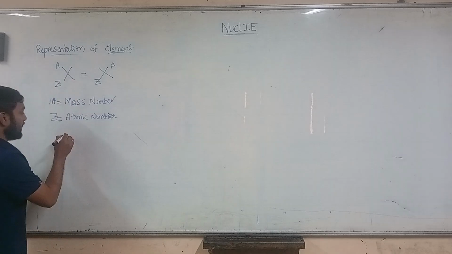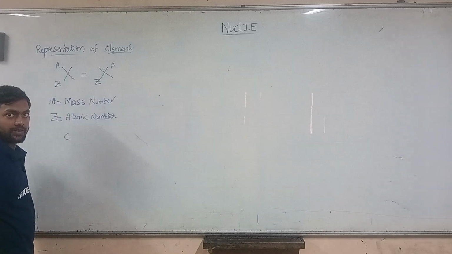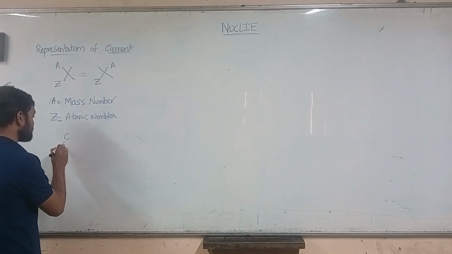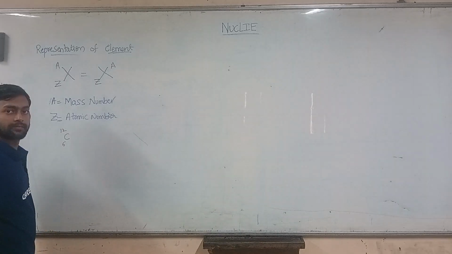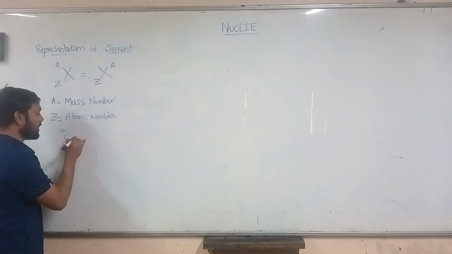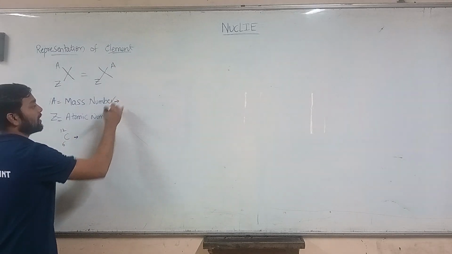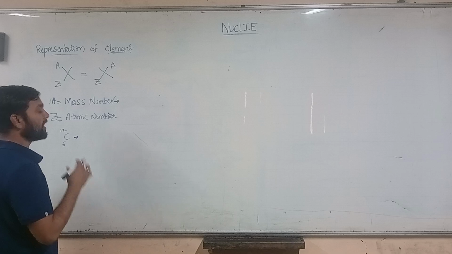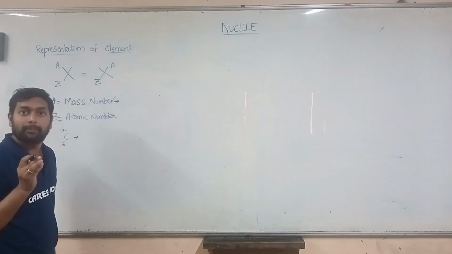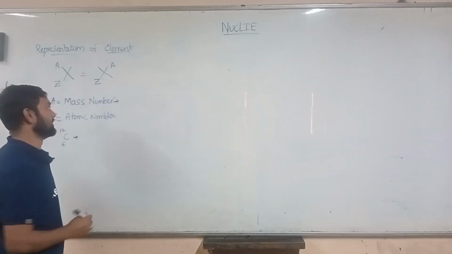Let us take an element, carbon. Carbon is written as C with mass number 12 and atomic number 6. The mass number is the number of neutrons plus the number of protons.